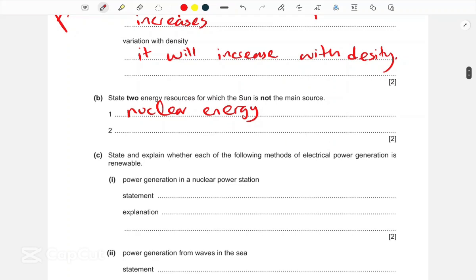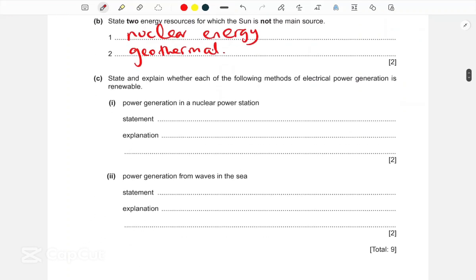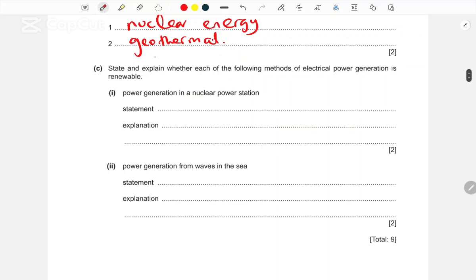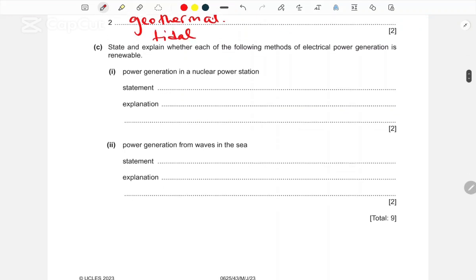That's how nuclear energy is created. The next one is geothermal. Geothermal energy uses heat from underground to produce electricity. And the other one could also be tidal energy. So we have three of them.